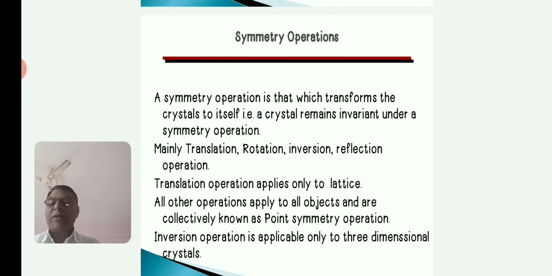First of all, we take the translation symmetry operation, number one.